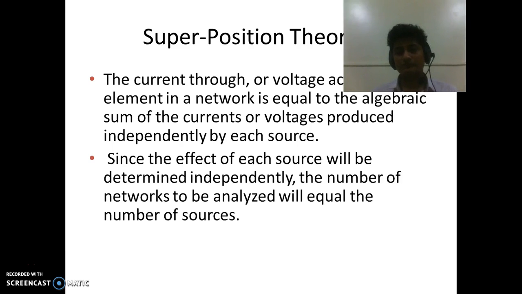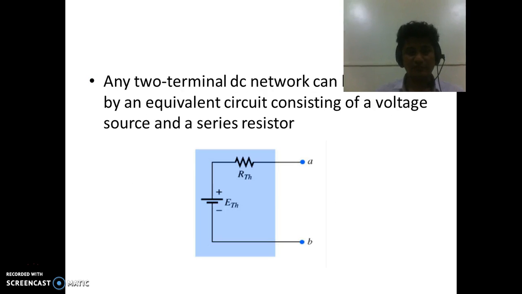It means the voltage or current in that branch is equal to the algebraic sum of the voltages produced due to the effect of individual sources acting alone. Since the effect of each source will be determined independently, the number of times the network is analyzed is equal to the number of sources present in that network. So this is the superposition theorem.